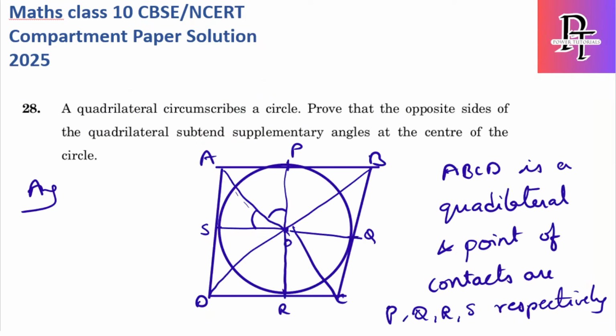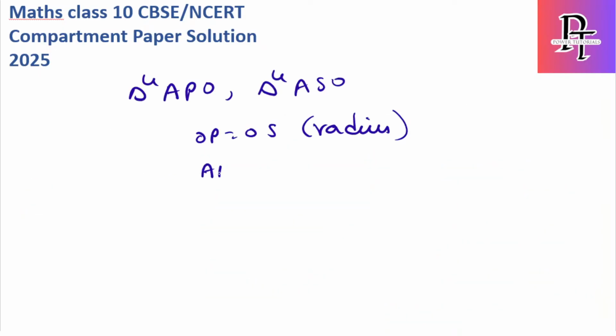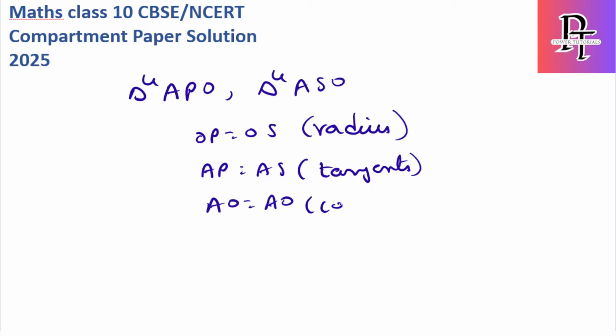Length of tangents are equal, so AP is equal to AS, tangents from a common point, and we have a common side which is AO is equal to AO, common side.